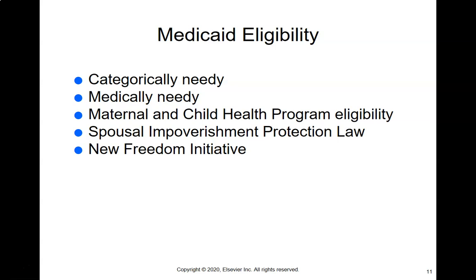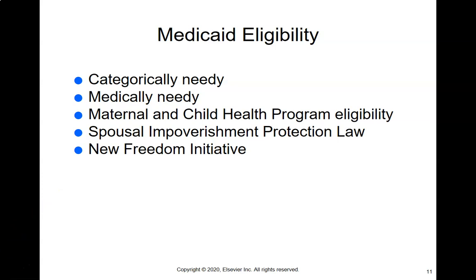Categorically needy is aged, blind, or disabled individuals or families and children who meet financial eligibility requirements. Medically needy are persons in need of financial assistance whose income and resources will not allow them to pay for the cost of medical care.